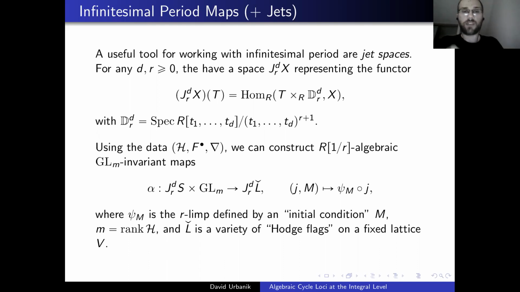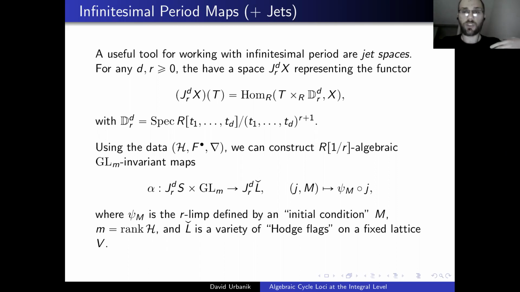And you will get an element of some flag variety, because remember, the infinitesimal period maps send points to flag varieties, and all the differential information around that point to differential information in the directions around the flag that you land on.